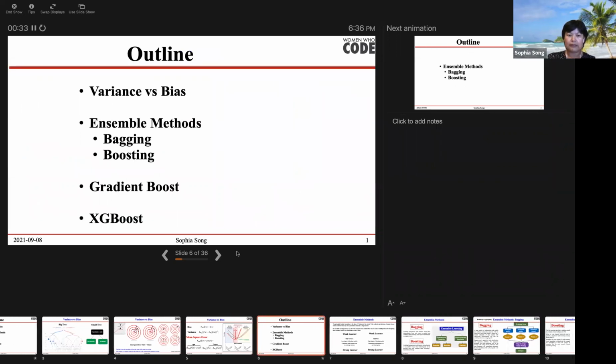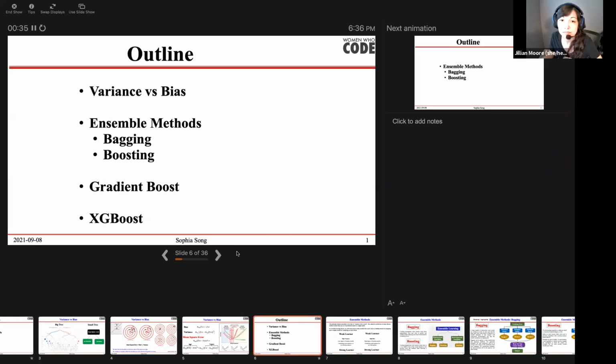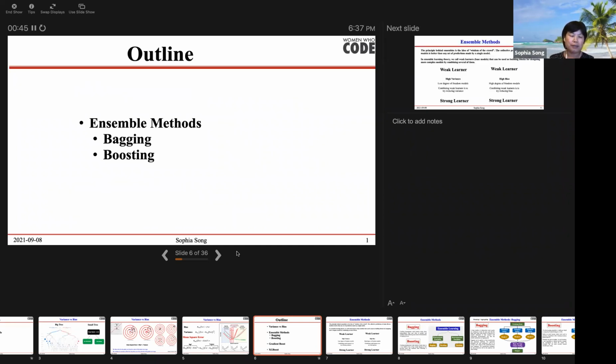okay, yeah. If there is no question about the variance and bias, next the fundamental method I would like to share is the ensemble method. XGBoost's boosting is a kind of ensemble method, right? For the ensemble method, there are two methods, bagging and boosting.